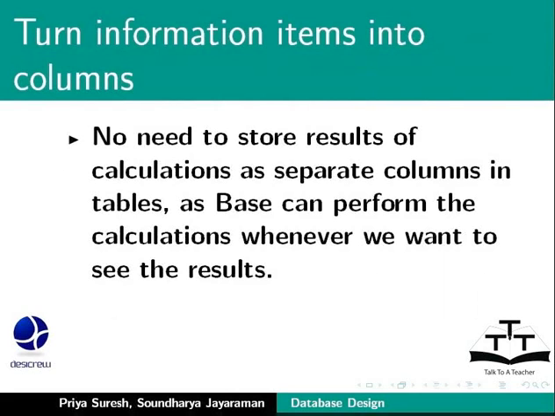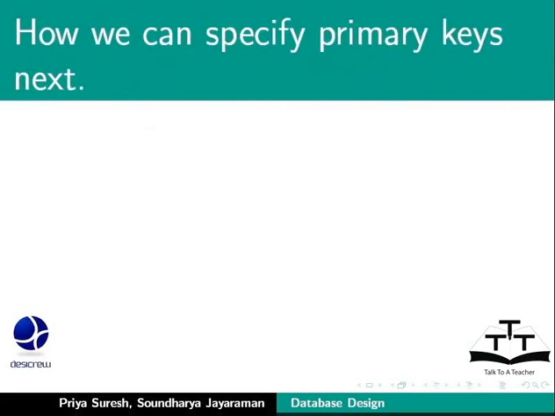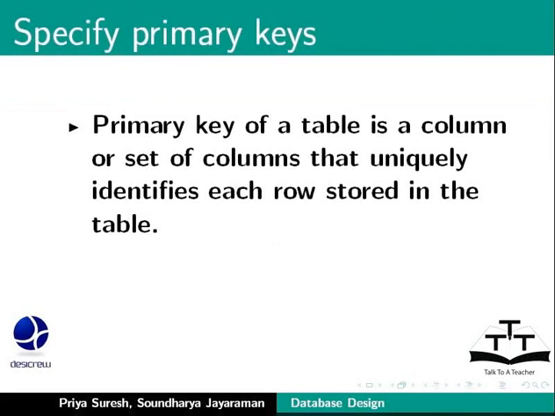Now that we are clear about tables and columns, let us see how we can specify primary keys next. What is a primary key? Each table should include a column or a set of columns that uniquely identifies each row stored in the table.